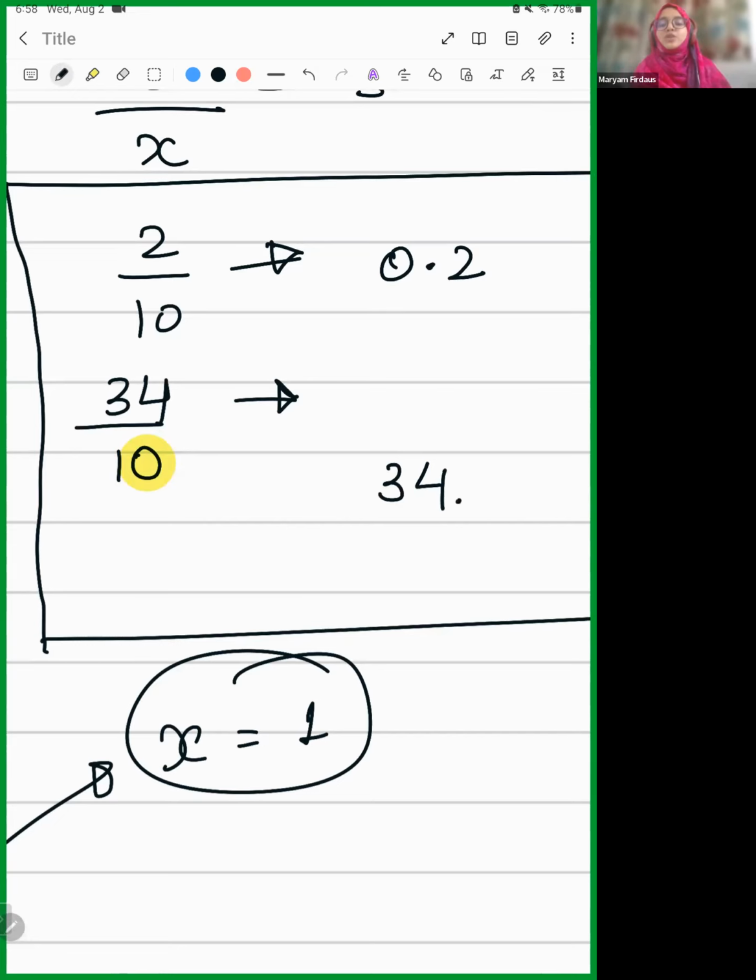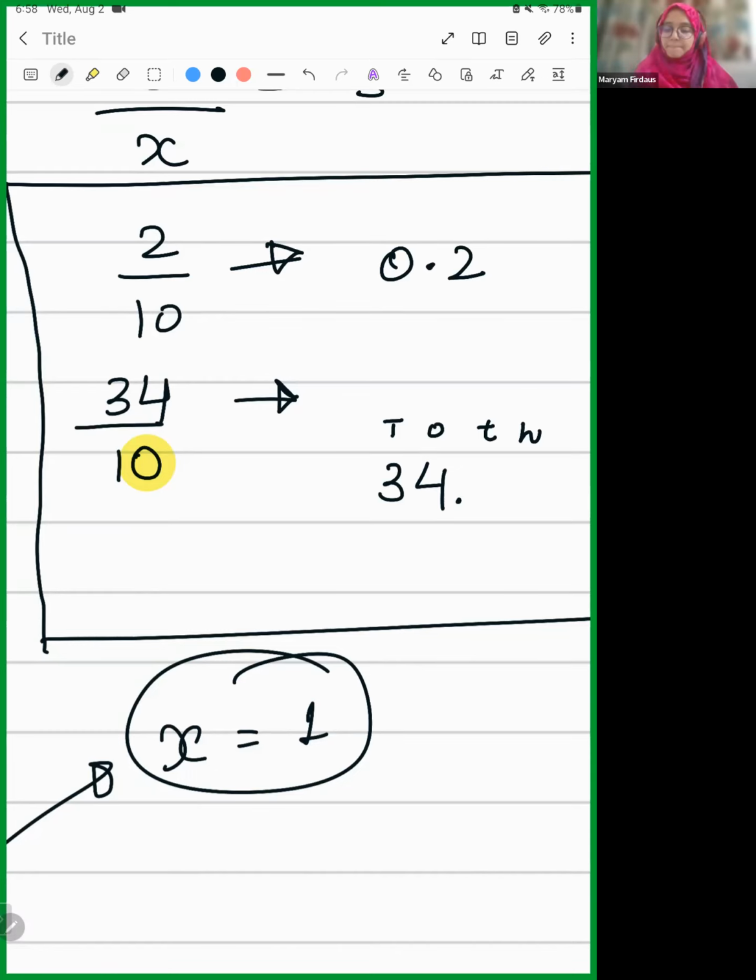The default position of the point is over here. This is the ones digit, this is the tens digit, and so on. After the ones digit, you have the tenth digit, and then the hundredth digit, and so on. So the point lies between the ones digit and the tenth digit.